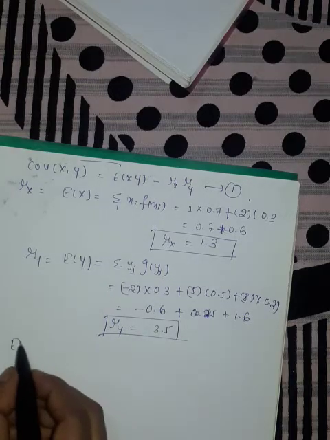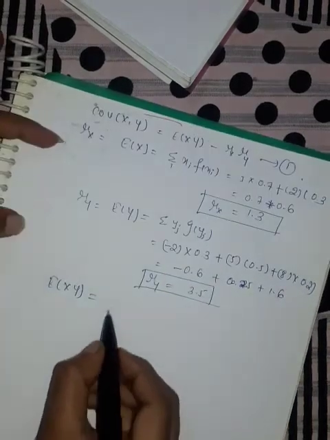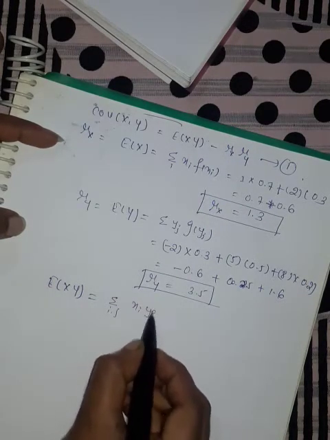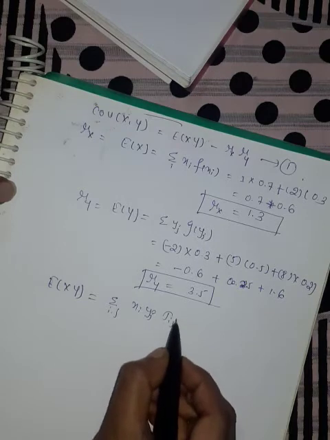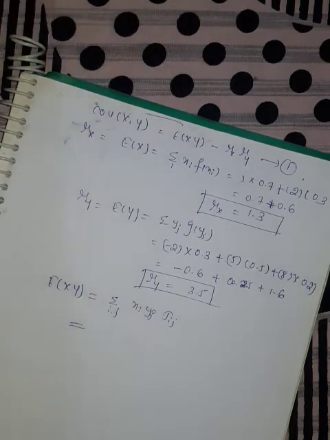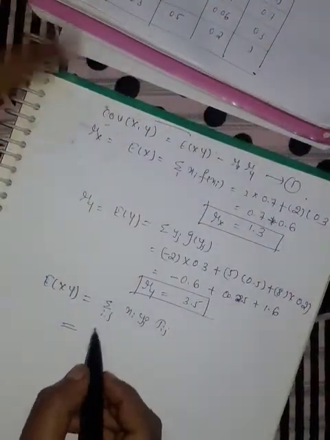Next, expectation of x into y, which is given as summation of ij xi yj Jij. By using our distribution table, we have to find our expression of xy.